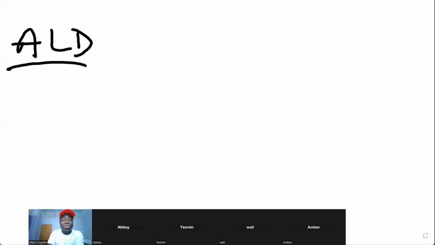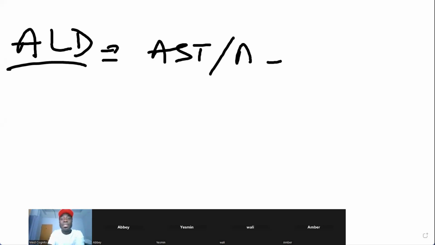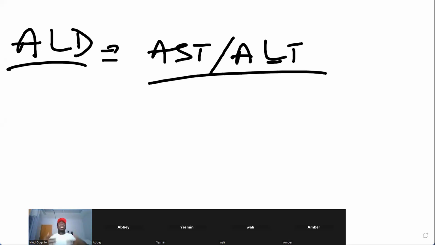Okay, so Dr. Yasmin is saying that in alcoholic liver disease, I'm just using this, I just coined it myself, AST over ALT. This is something you must know. You may not be told blatantly, but you can look at the liver function test and use that to tell. And she's saying that it must be more than 2:1.